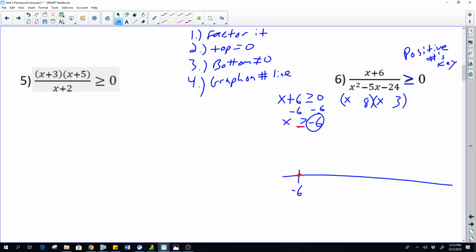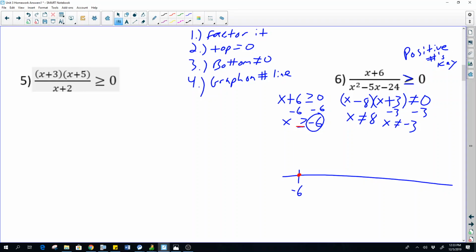So far we're factoring it and setting the top equal to 0. And so after we factor it, we do need a negative 8 and a positive 3. So then we set those not equal to 0. So that means x can't equal a positive 8. And remember, change the sign, so negative 3.